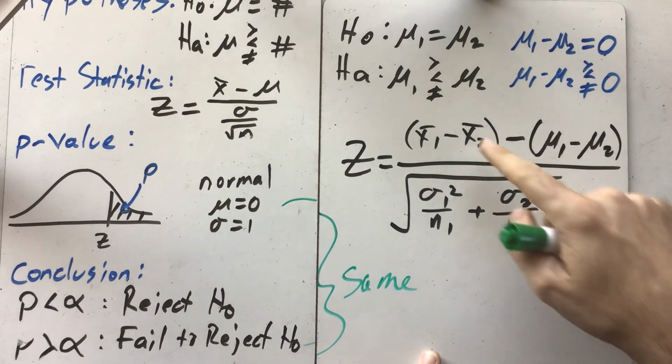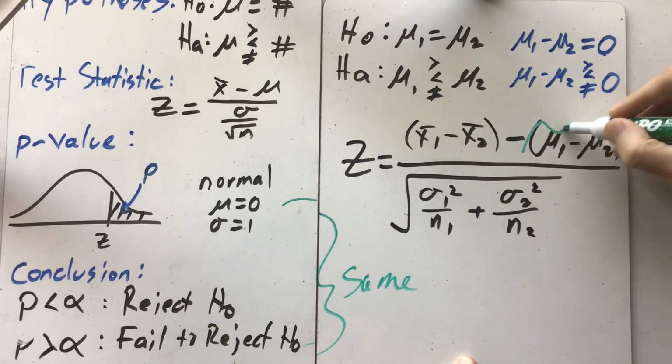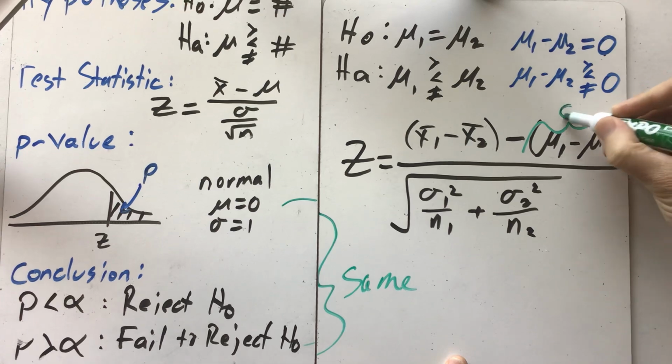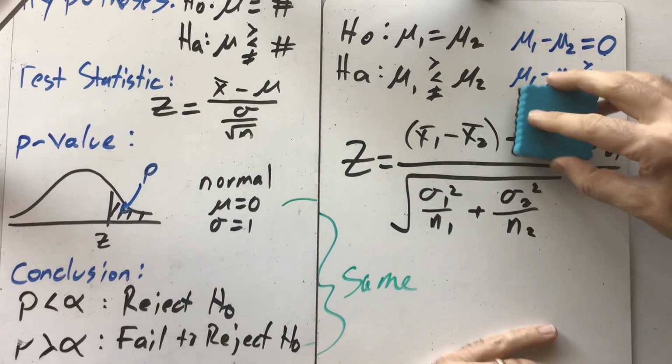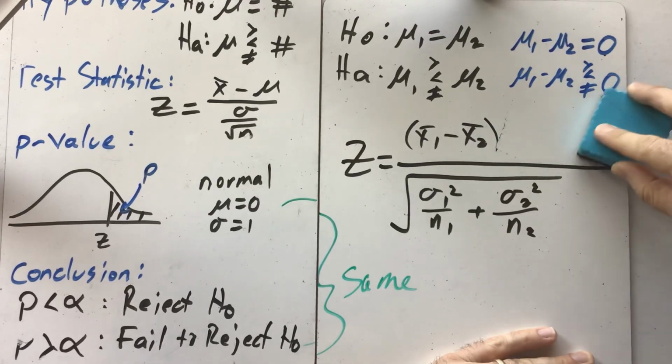Now the good news is this formula actually becomes a little bit simpler, because what is mu1 minus mu2? Well, this number always comes from your null hypothesis, so this number is always 0. So that means that our formula is actually a little bit prettier, and this part is all 0, so we don't have to write that part down.